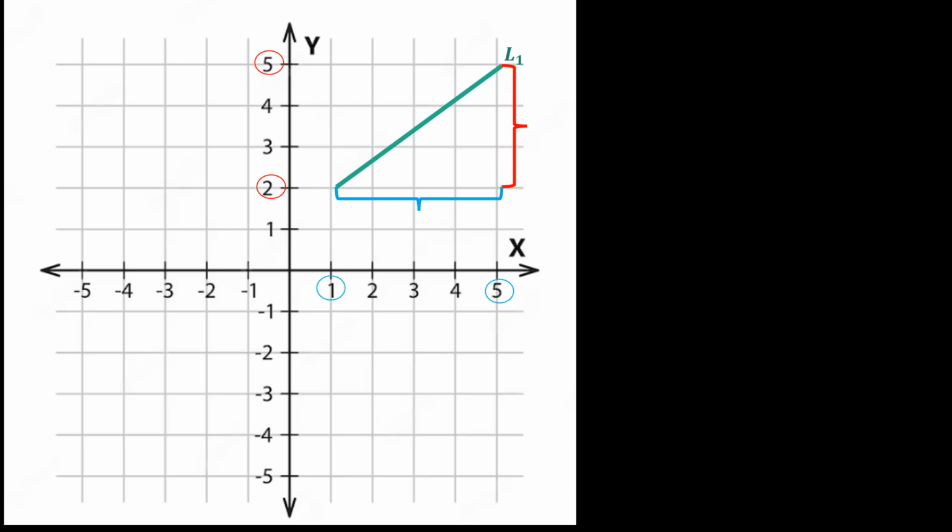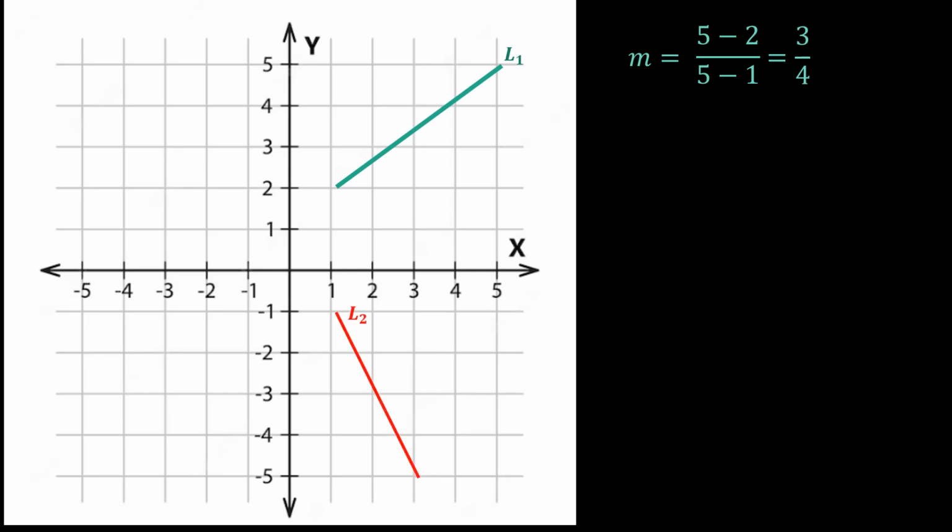To find the rise, we subtract 5 minus 2 on the y-axis, and to find the run, we subtract 5 and 1. So the slope m is the ratio of the rise and run: 5 minus 2 over 5 minus 1. The answer is 3 over 4, which is the slope, or the gradient, of this line.